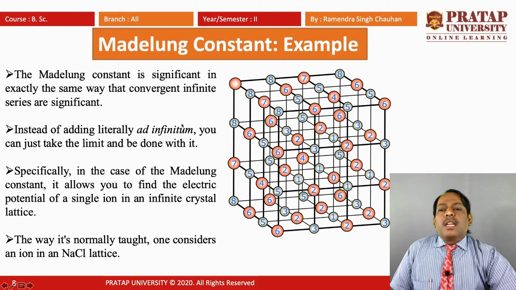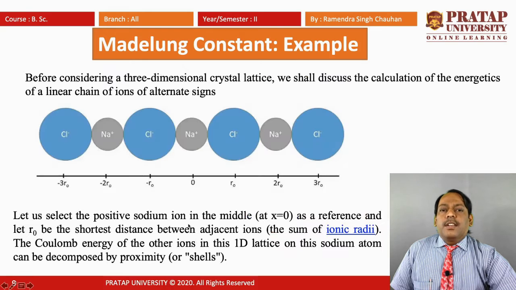So for infinite series, we can consider the cases of limits and then determine the value. Specifically in the case of the Madelung constant, it allows you to find the electric potential of a single ion in an infinite crystal lattice. The way it's normally taught, one considers an ion in an NaCl lattice.